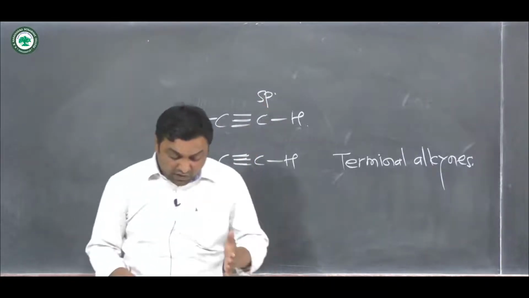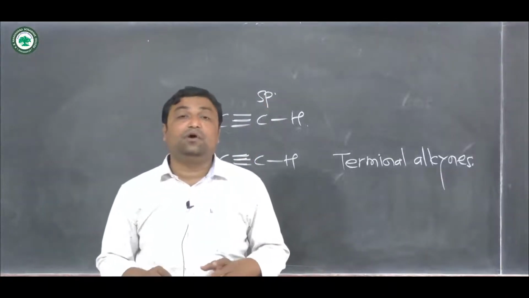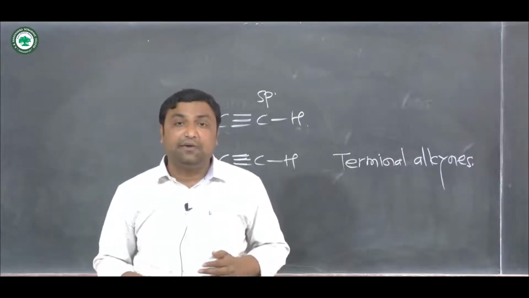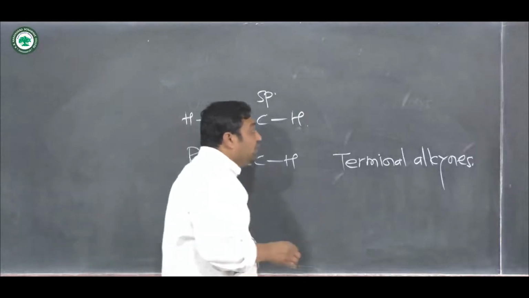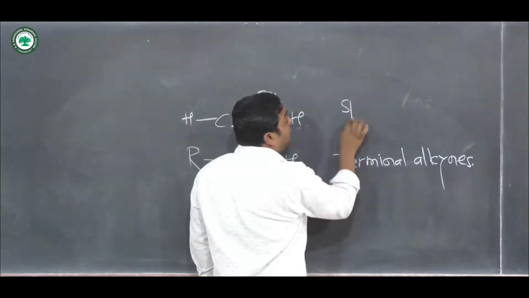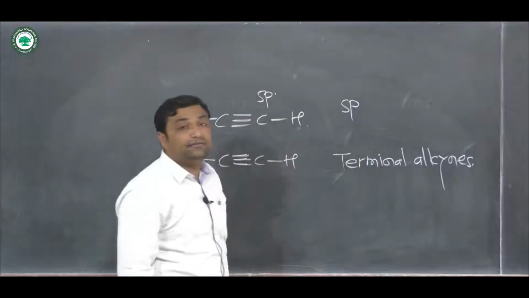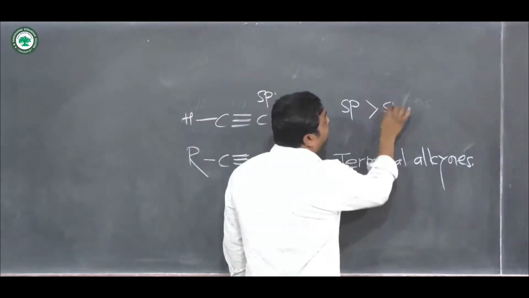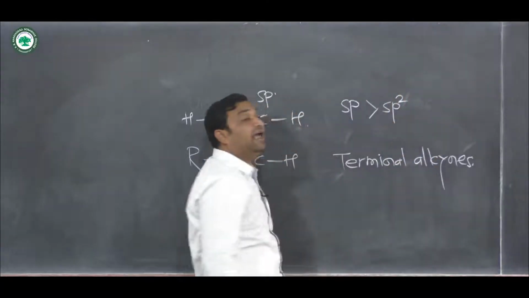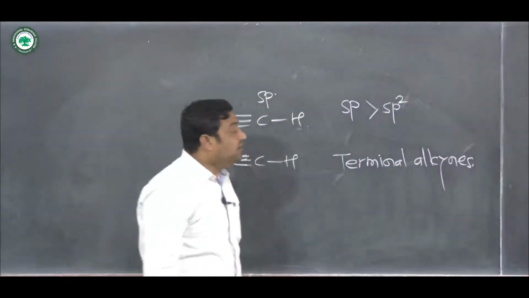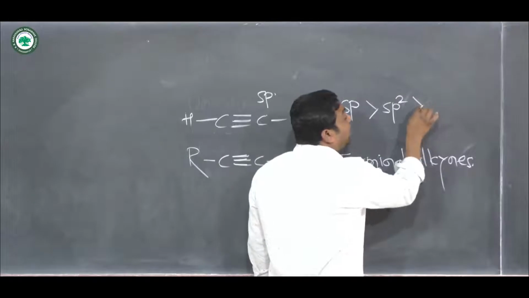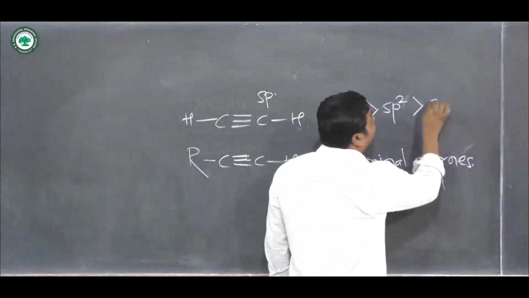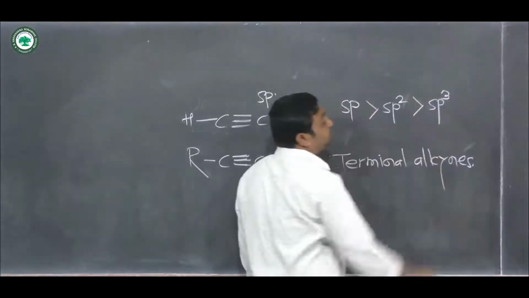And we know the concept of electronegativity of hybridized carbon atoms. An sp hybridized carbon atom has higher electronegativity than an sp2 hybridized carbon atom, and an sp2 hybridized carbon atom has higher electronegativity than an sp3 carbon atom.